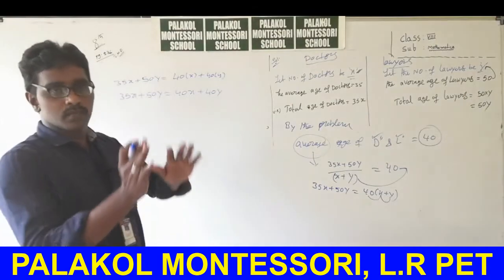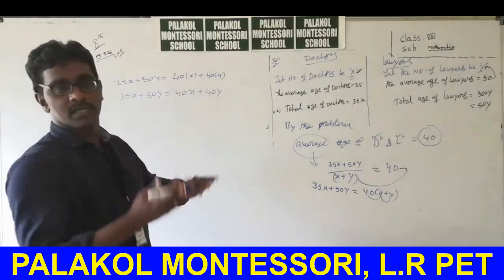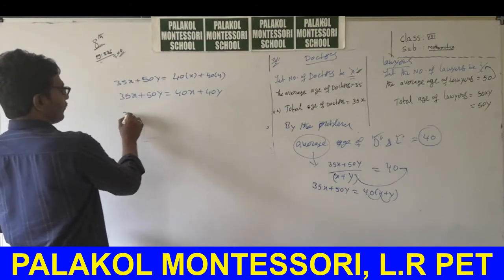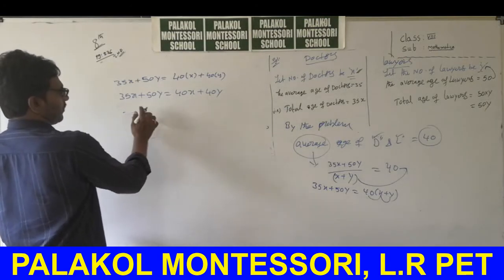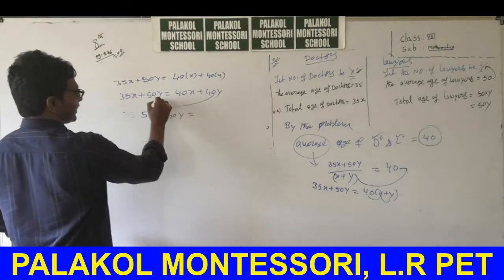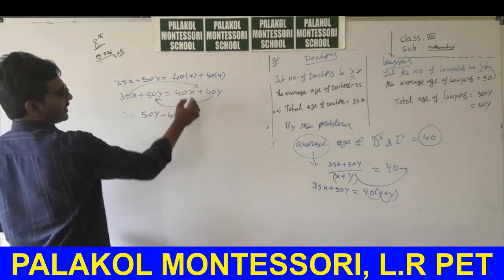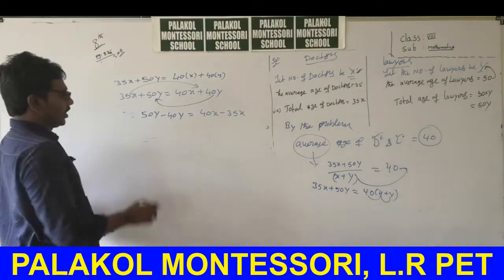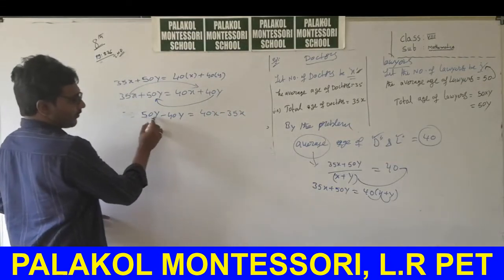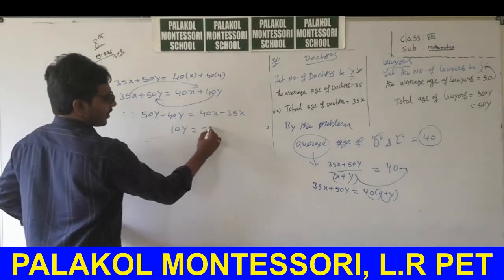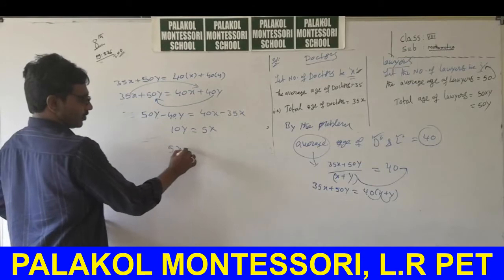Y terms are sent to one side, x terms are sent to the other side. So, 50y minus 40y, this is sent this side, this one sent that side, 40x minus 35x. Now this is 50y minus 40y, 10y, this is 5x. So 5x is equal to 10y.